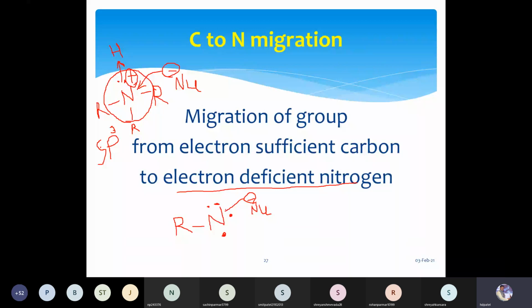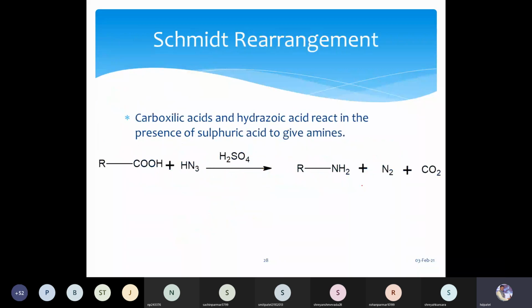Or migration of a group will take place, that is, migration of a group from an electron sufficient carbon to an electron deficient nitrogen. So now in this rearrangement, we are going to discuss the Schmidt rearrangement.